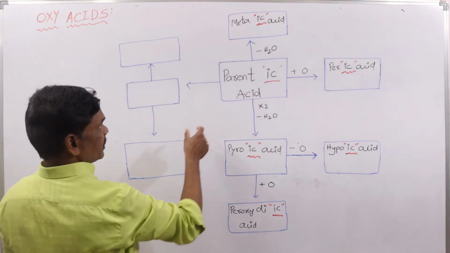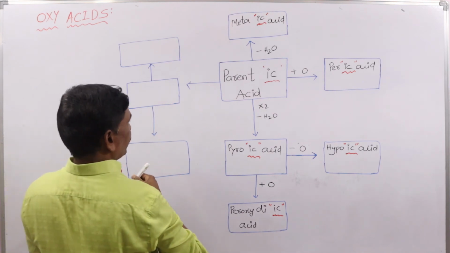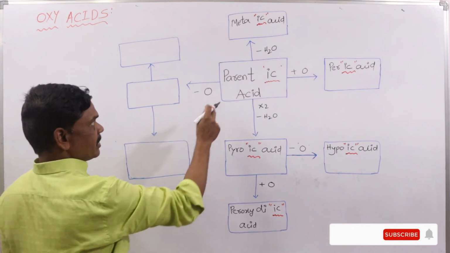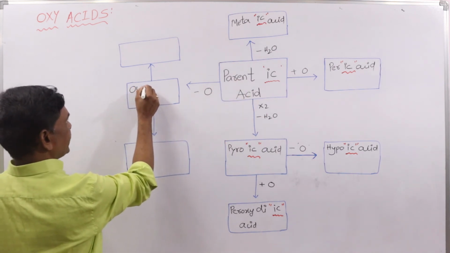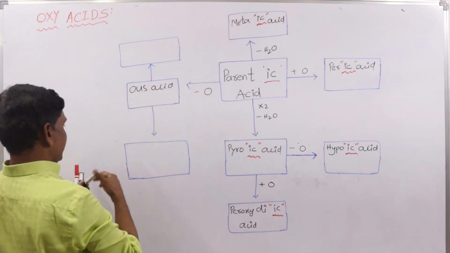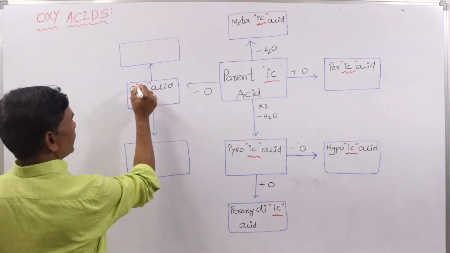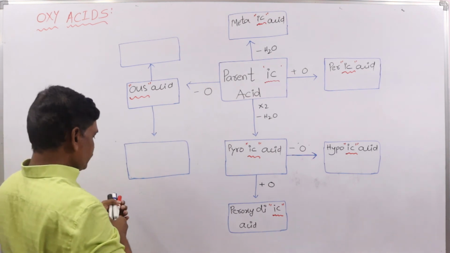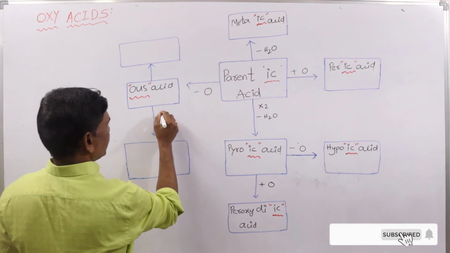From this parent -ic acid, if we remove one oxygen, we are getting the -ous acid.